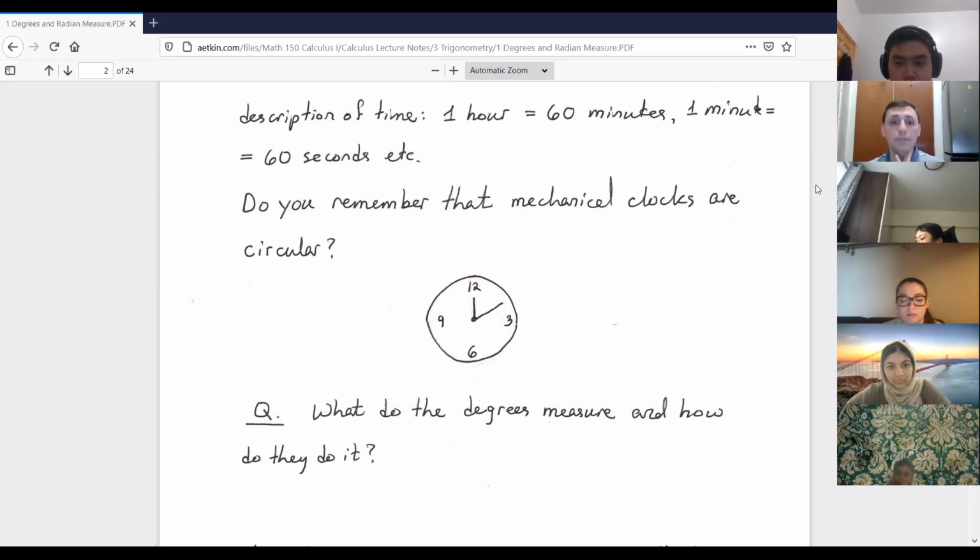Yes, and what is an angle? So degrees are measuring angles, and what is an angle? Exactly.